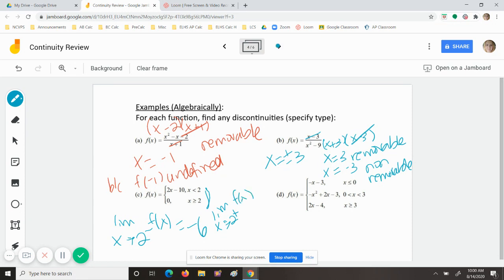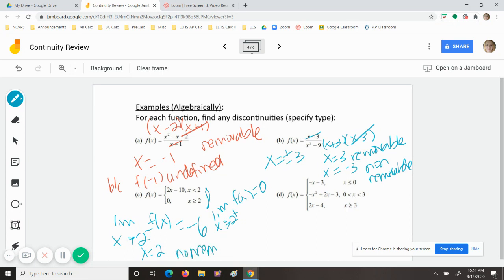That's when x is greater than 2, so that's just 0. Notice those are not equal to each other. -6 is not equal to 0. So we know that we now have a discontinuity at x equals 2. The limit did not exist, so this one is non-removable.